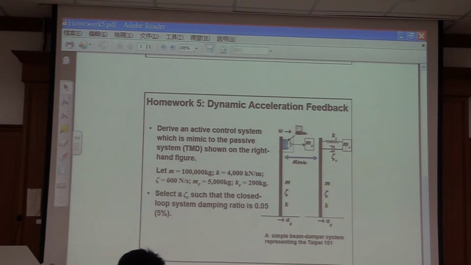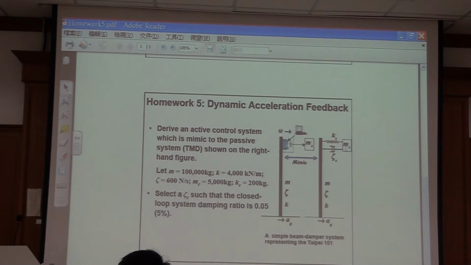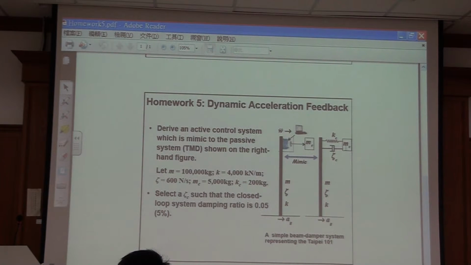What you need to do here is try many different zeta C, maybe plot a curve, and then you check your closed loop system eigenvalues, and that will be different from this, right?